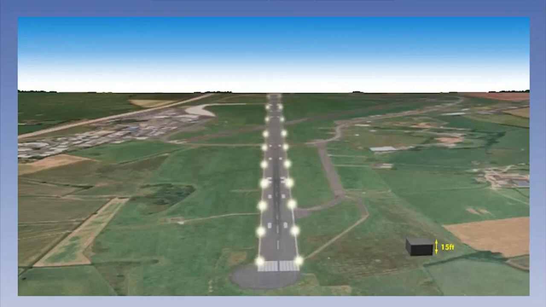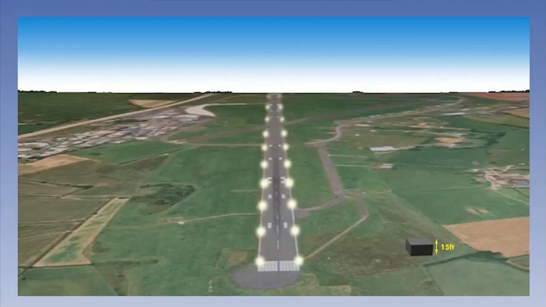RVR, runway visual range, is only reported when either the horizontal Met visibility or the RVR is less than 1,500 meters. The visibility on approach can vary significantly from the horizontal Met vis. There is no direct connection.